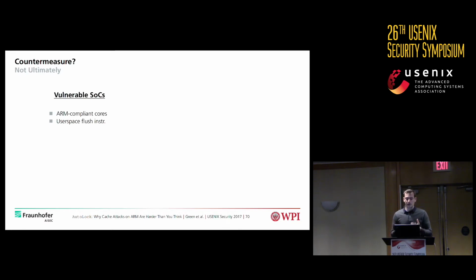First of all, let's recall that we still have a number of chips that either do not feature AutoLock, for instance the ARM-compliant cores that we tested, or where you can simply use user space flush instructions to do attacks. Second of all, same core attacks are still possible too. Let's just think of an ARM TrustZone application in a compromised operating system. Then you can still schedule attacker and victim on the same core and do eviction-based attacks regardless of AutoLock.